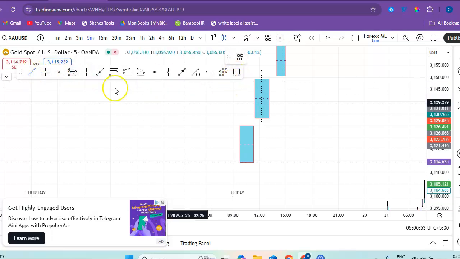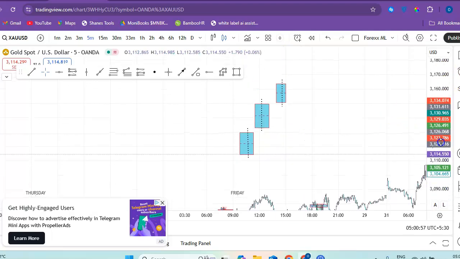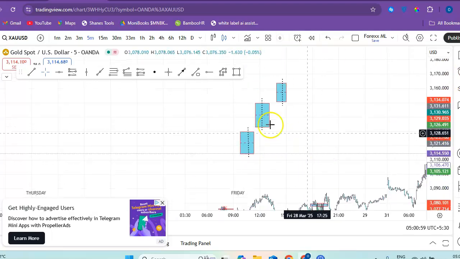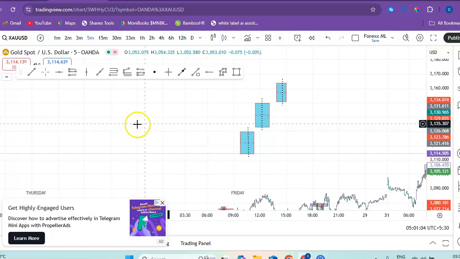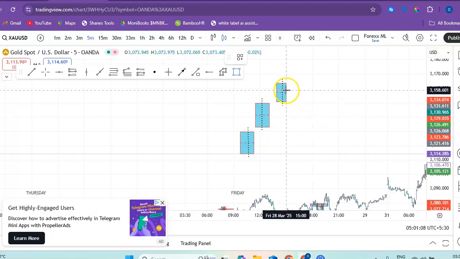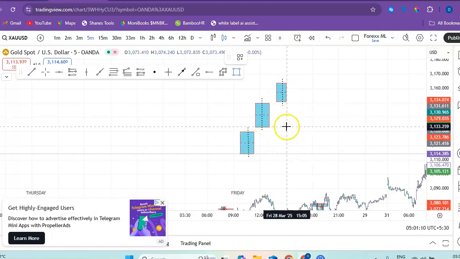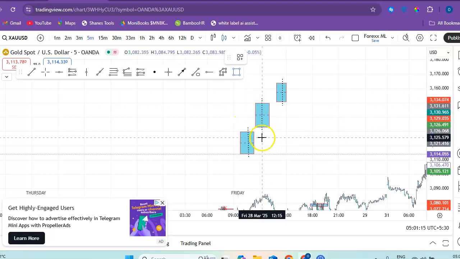Let's just assume these are the three candles, and we need three candles to see the fair value gaps. Now what you have to do is mark the gap between the first and the third candle. Usually the second candle is the place where you will find the gap.